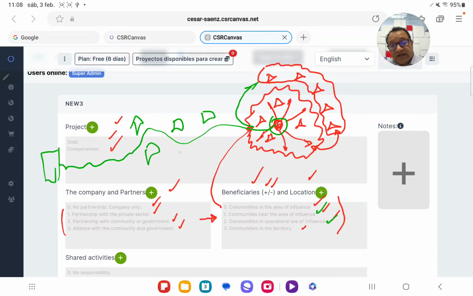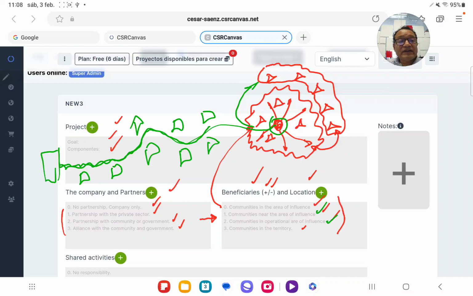These communities are also waiting for benefits, and maybe they have no support from the government. They are waiting for benefits, and they see how the company extracts and delivers the product using the transportation system.